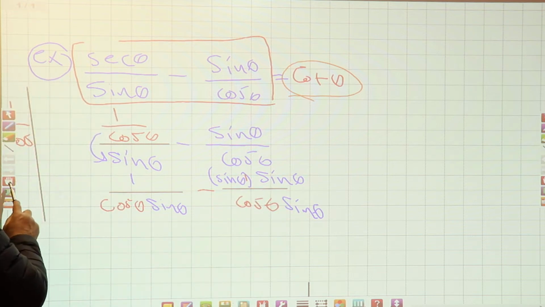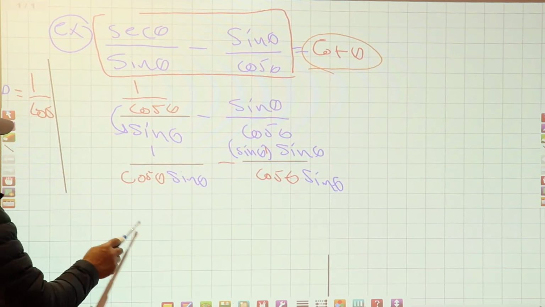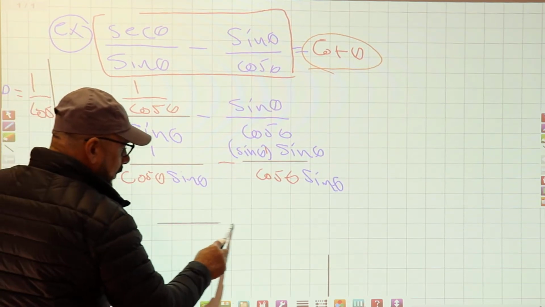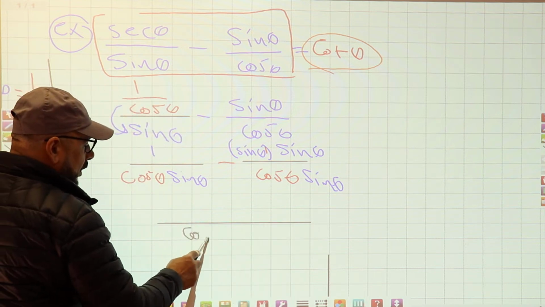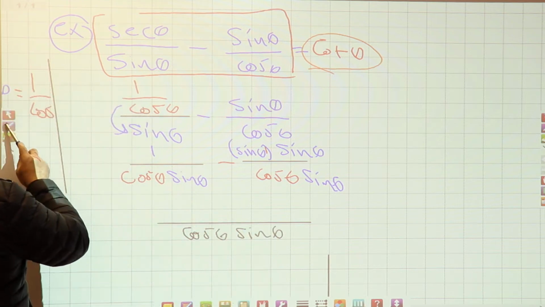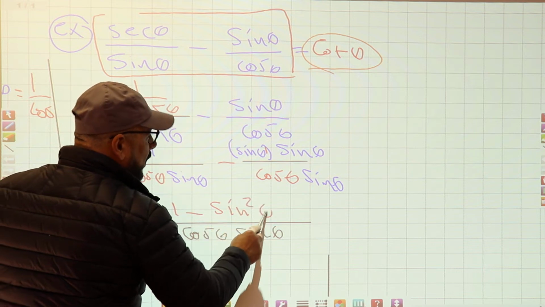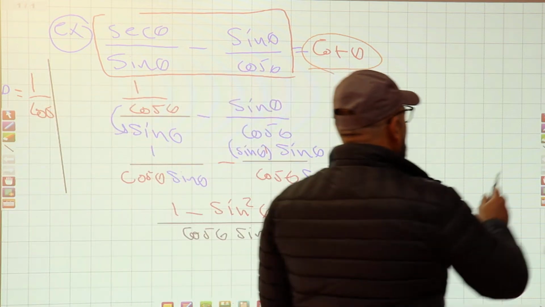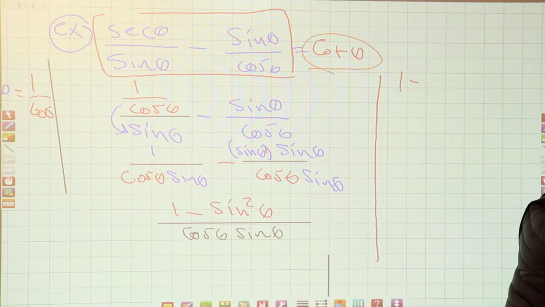Now we have one guy, which is cosine theta sine theta in the denominator. In the top, 1 minus sine square. What is 1 minus sine square, guys? What is 1 minus sine square? 1.